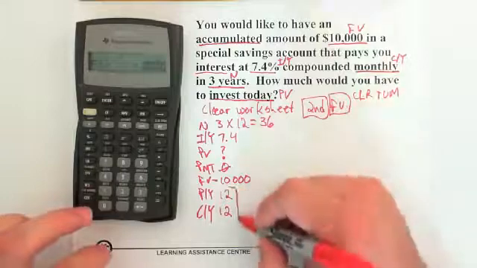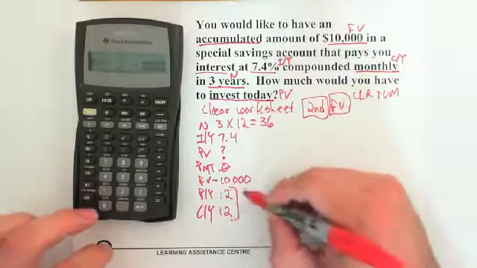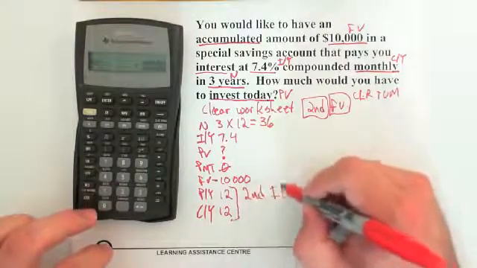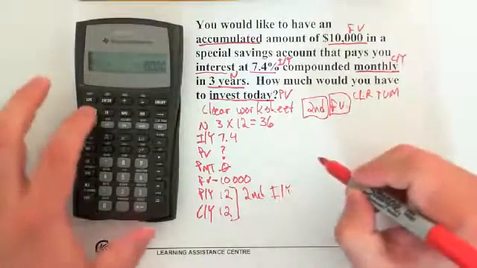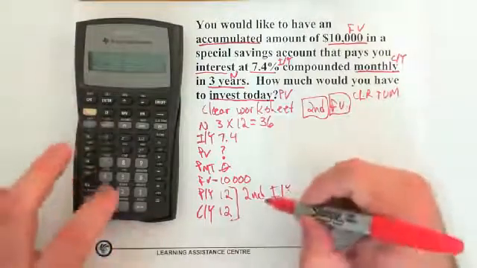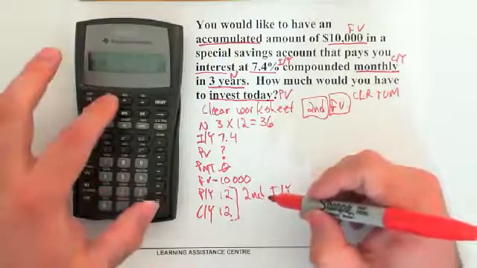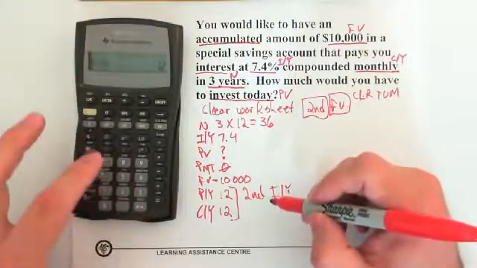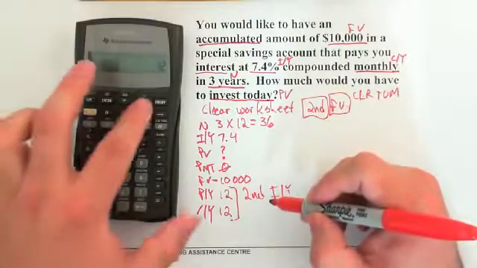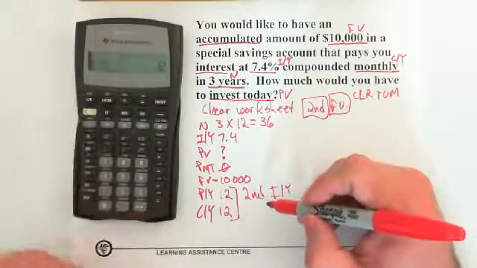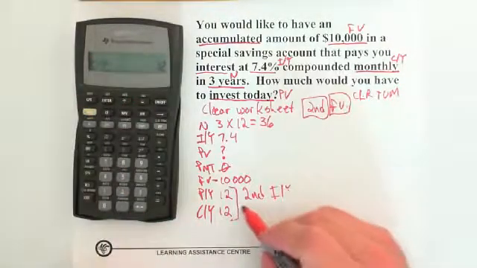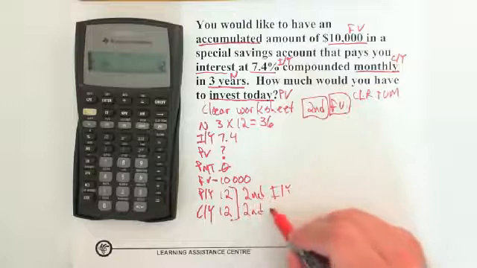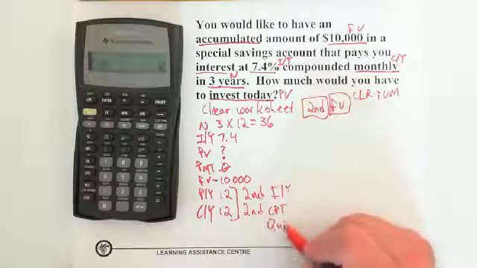So now again, PY, CY, they're the same, but they are located under second IY. So second IY, and we're going to change the PY to 12. And then you got to remember, enter button. And then when we push the down arrow, we see that CY has also been changed to 12. So then we can go second quit.